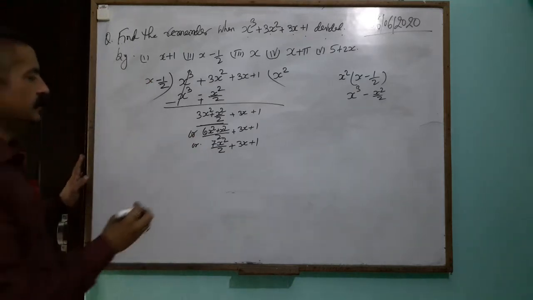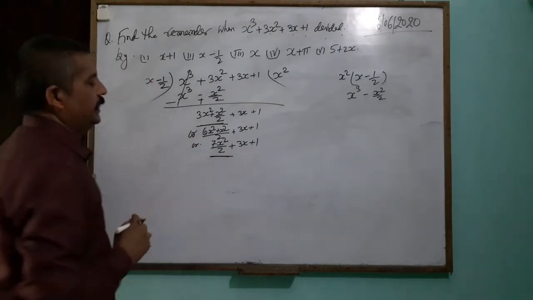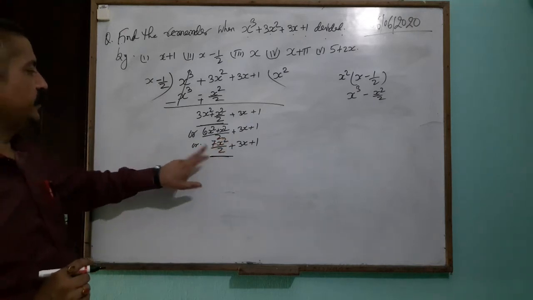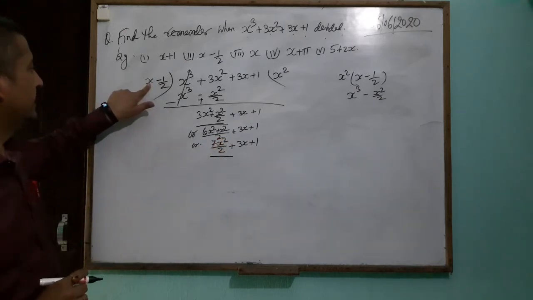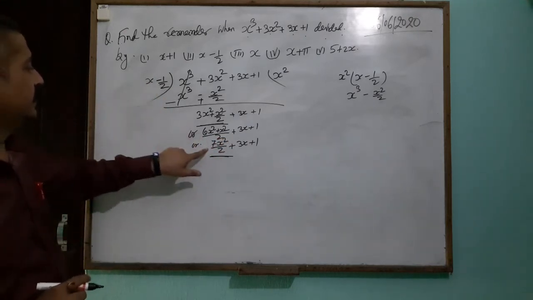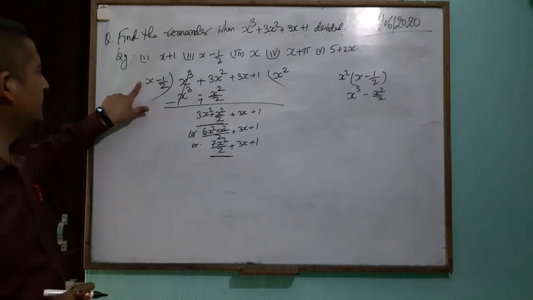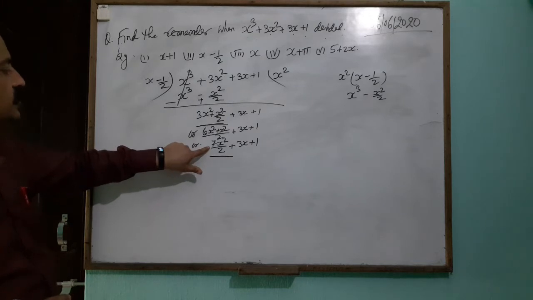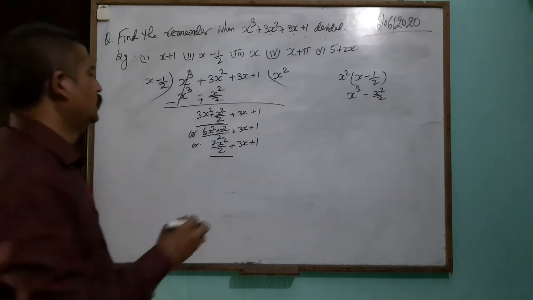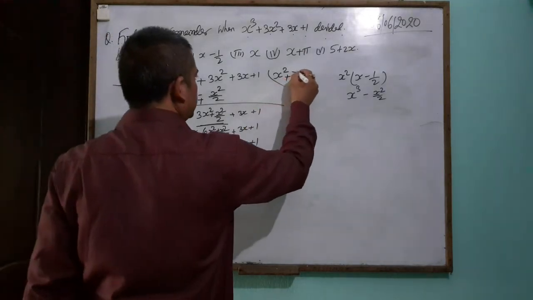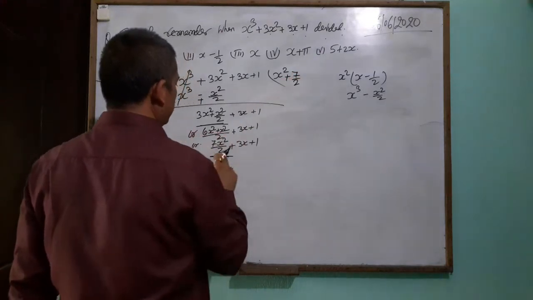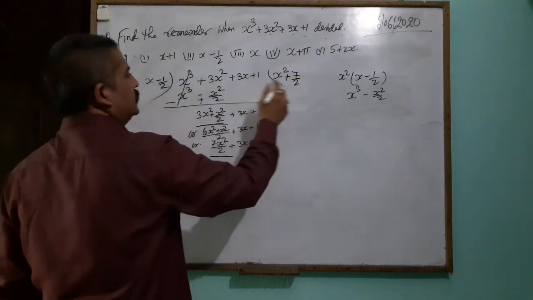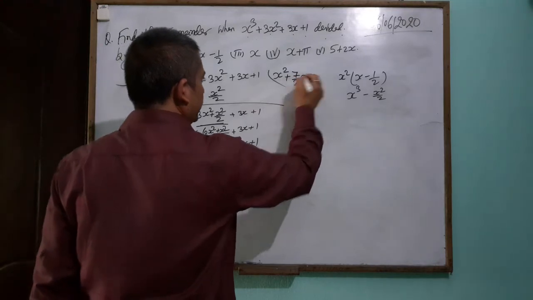Then finally we take 7x square by 2. Here the coefficient of x is positive 1, and the coefficient of x square will be 7 by 2. So we just multiply by 7 by 2 and x.